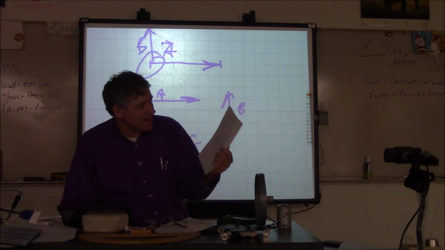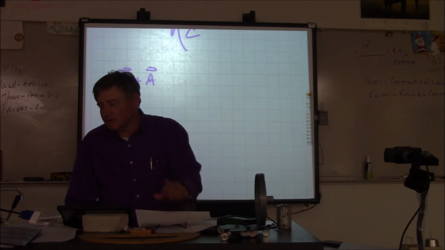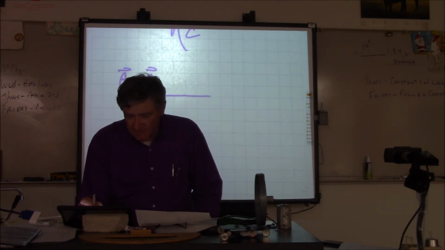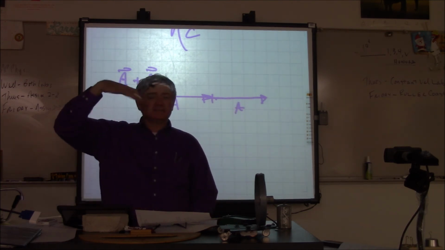So now, on number 2 down below, you can take vector A and you're going to add that to vector A. So here's what you're going to do. You're going to measure out 5 centimeters. Here's going to be vector A. From the end of vector A, I'm going to add vector A again. Now, in this situation, this is as simple as it gets.